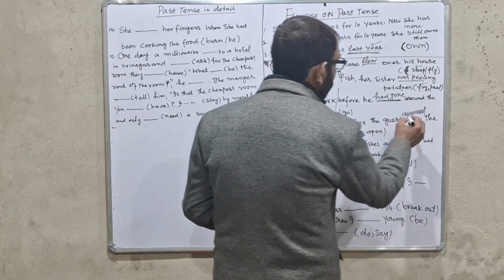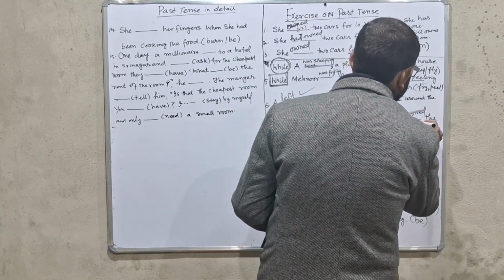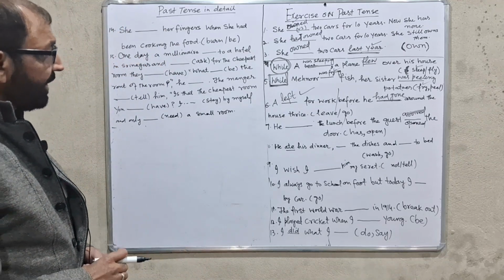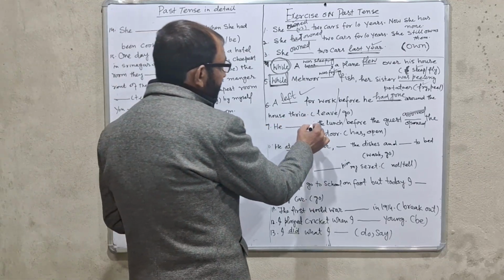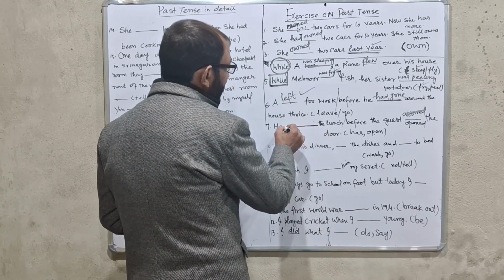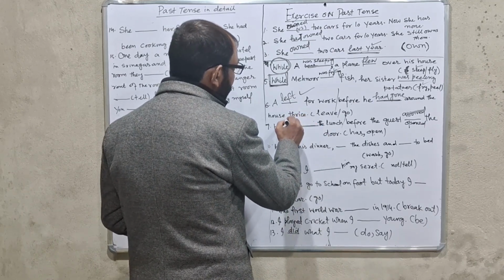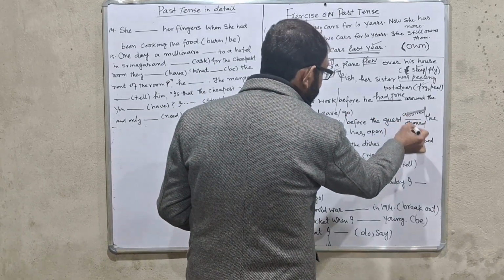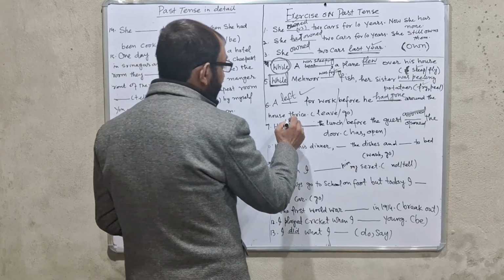Not arrived here, open. Here it is opened. Before the guests opened the door. It means one first action, earlier action should be complete in nature, means it asks for past perfect tense. Because the next clause is in past simple, the first one should be in past perfect.